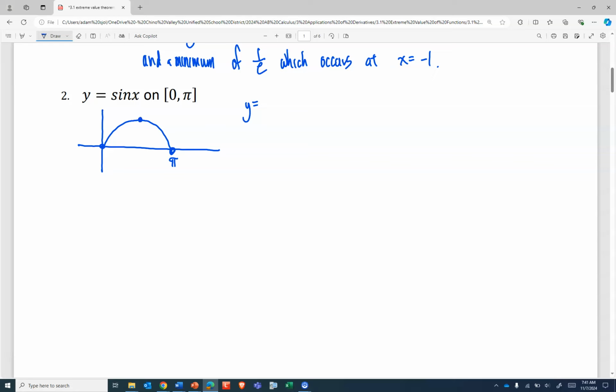A maximum of 1, a minimum of 0. But our job is to show the extreme value theorem part. So y equals sine of x is continuous on 0 to pi. We don't have to explain why. So a maximum and minimum are guaranteed.